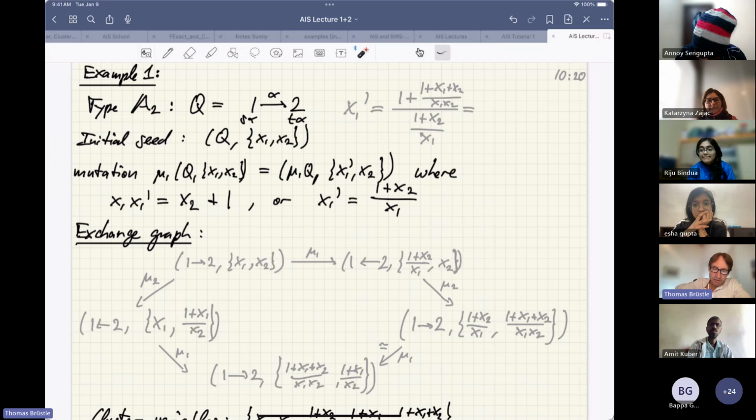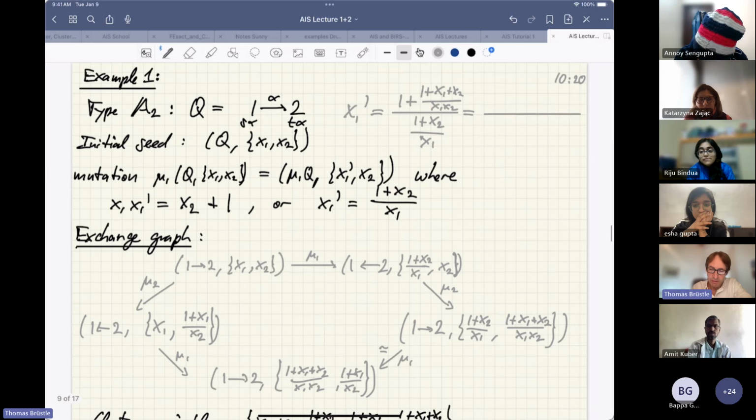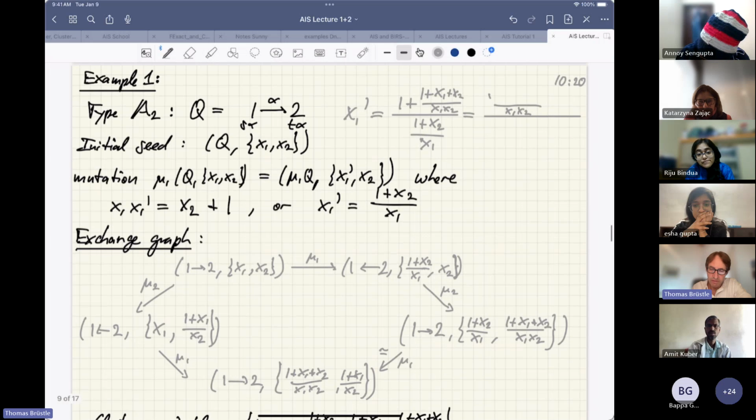Let's do this really slow. Let's bring the upper part onto a common denominator. So how can I do this? That will be something like over x1, x2. And I'm going to have x1, x2 plus 1 plus x1 plus x2. I do my calculus of fractions correctly so far. That's good. And what do I have here?